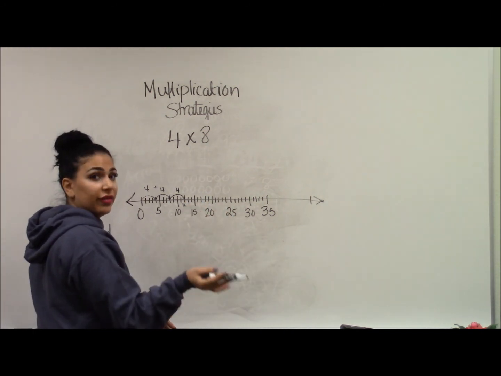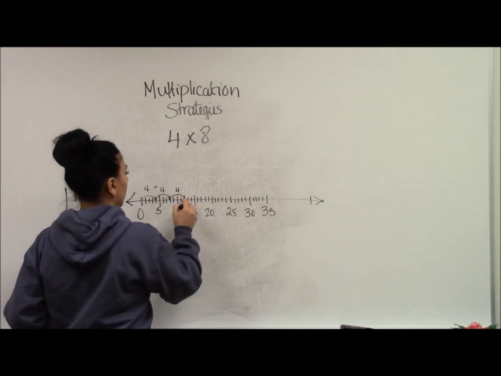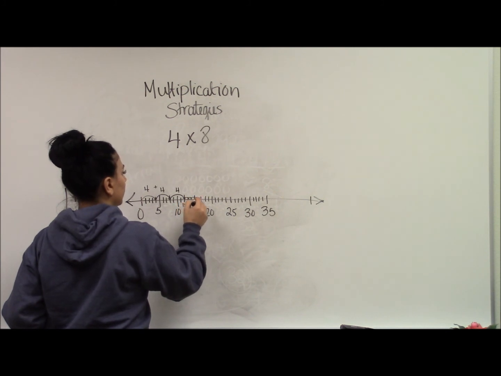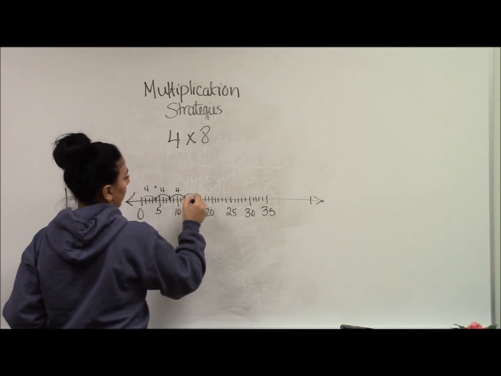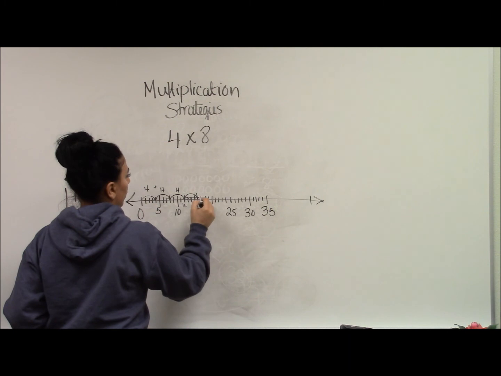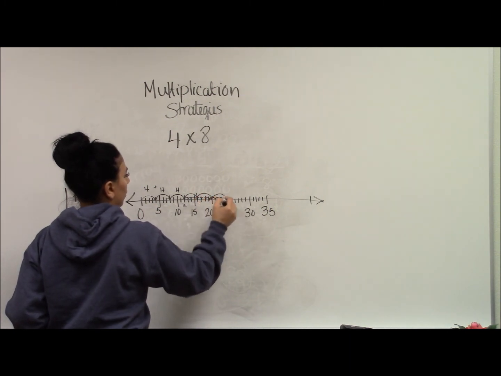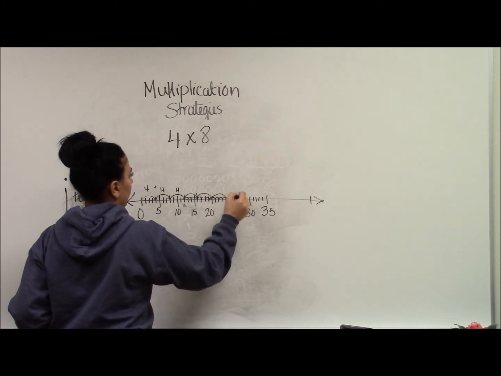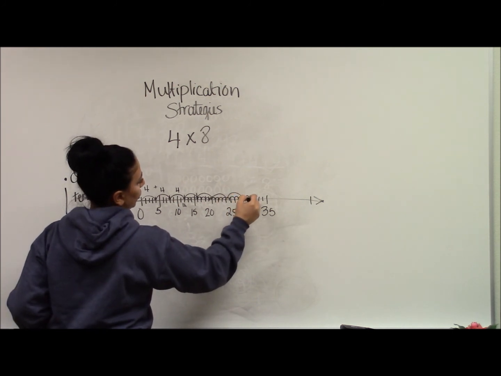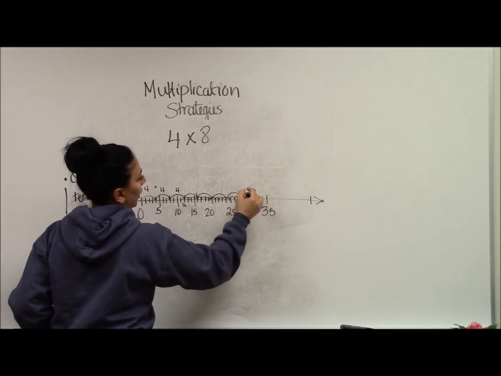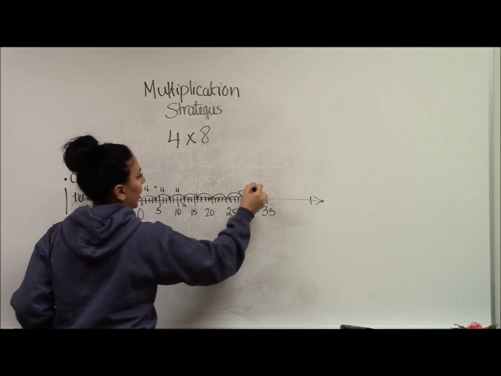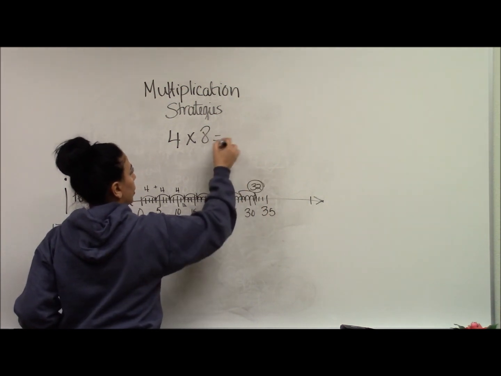It's absolutely fine. There are so many different ways that you can do it. 1, 2, 3, 4. And then again 1, 2, 3, 4. And now I've gotten to my final answer of 32.